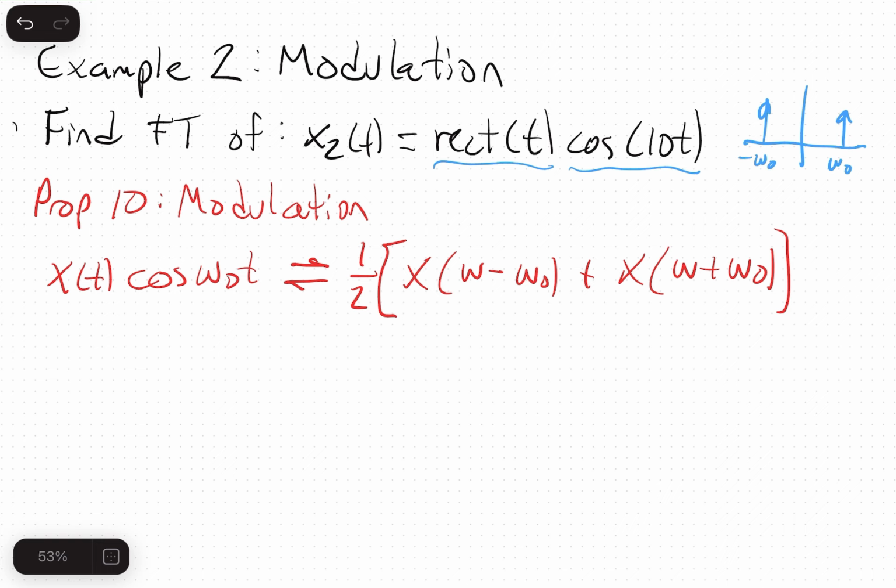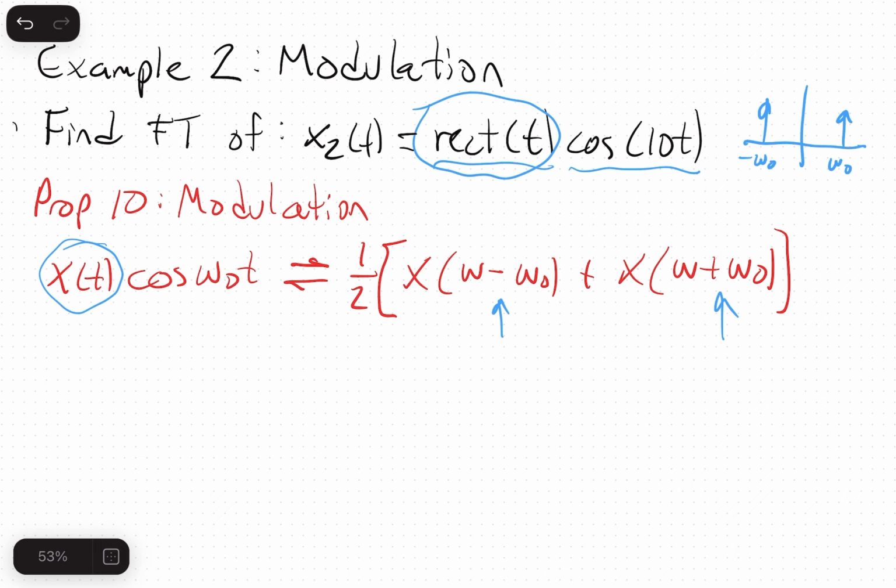So what's going to happen is we will work the modulation by converting the signal that is not the cosine into its Fourier transform, but then it's going to be modulated through the cosine by having spikes displayed at the angular frequency of the cosine, right? We already worked out the Fourier transform of the rectangular pulse.